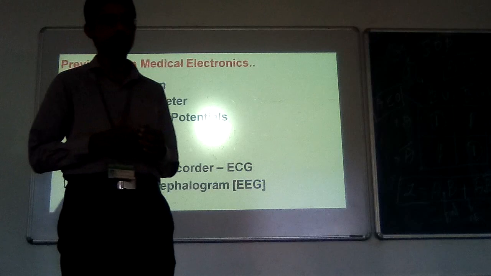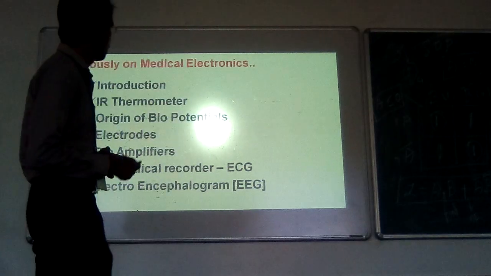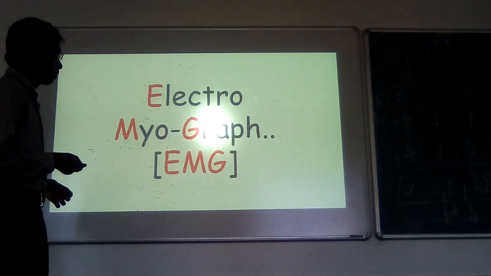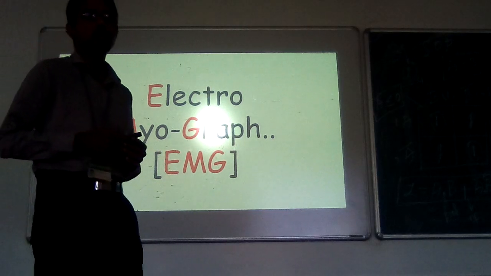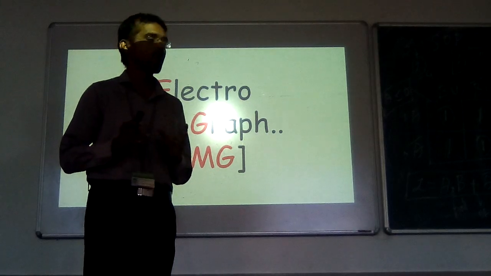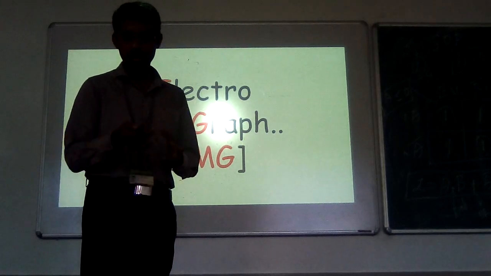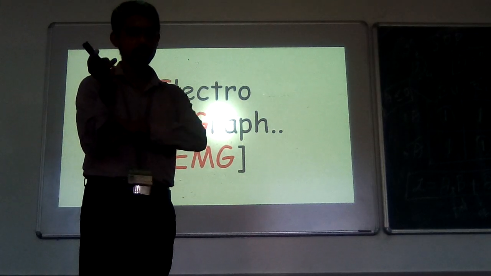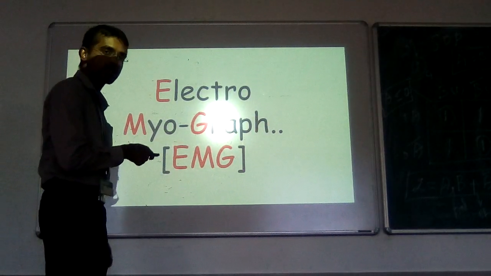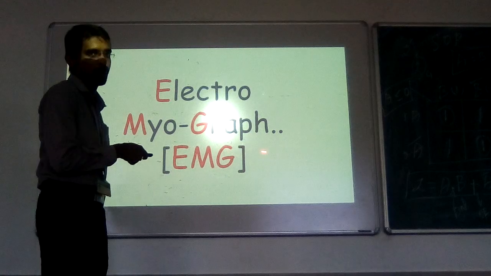Even today we are going to see another biomedical recorder, that is nothing but the electromyograph, also called electromyogram. Electromyogram is the process of recording the biological activity associated with the muscle. The output of electromyogram is a graph or a plot.